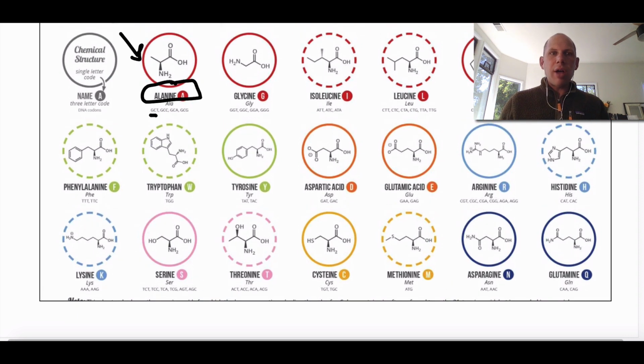So when you saw these amino acids, we saw that the amino acids always had a carboxylic acid on one side, and they always had an amine group on the other side. And that structure is where the name amino acid comes from. But then they also have these other things hanging off.